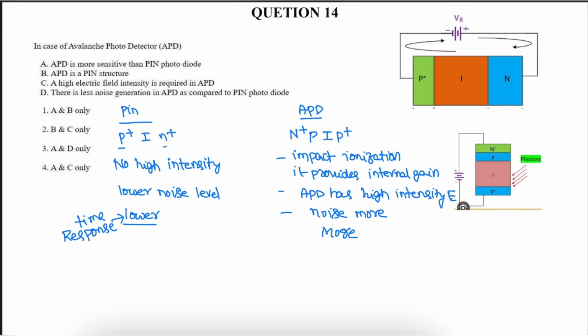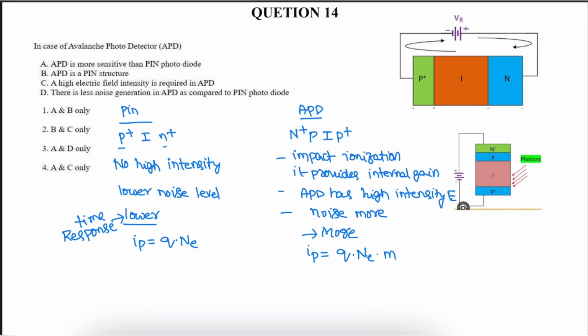Next, in the PIN diode the photocurrent IP is equal to Q into N e, where Q is the charge of electron and N e is the total number of electrons. In the APD, photocurrent IP is Q N e with multiplication factor M.